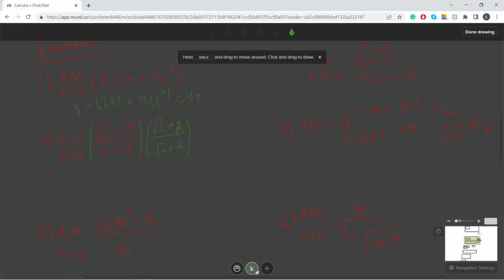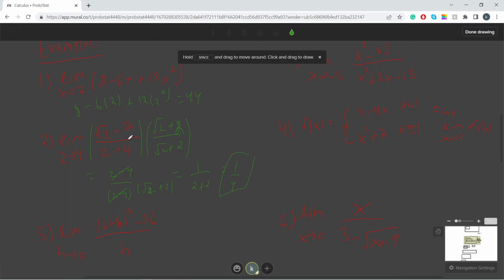Okay, so what do we get? So this is going to be equal to z minus 4 over z minus 4 times square root of z plus 2. And now we can cancel the z minus 4 here. And if we take the limit as z approaches 4 of 1 over square root of z plus 2, where the square root of z plus 2 is right in the denominator, this is going to evaluate to 1 over 2 plus 2, which is 1/4.